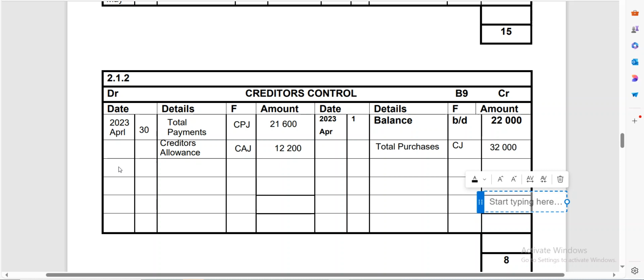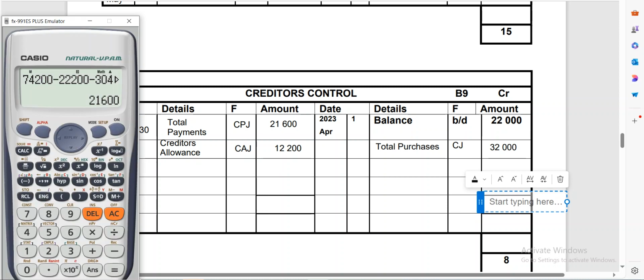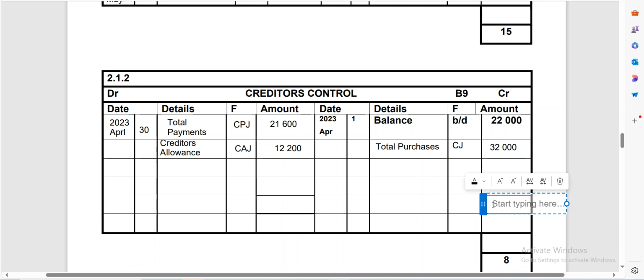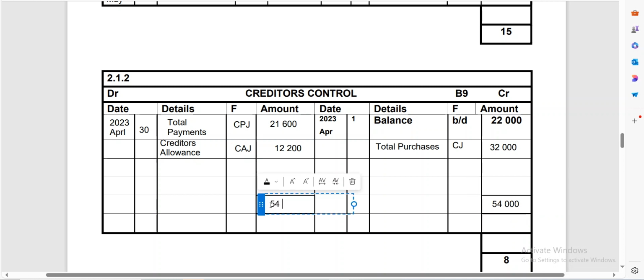As you can see, this side is not equal to this side, but we can just check. If you say 22,000 plus 32,000, it is giving us 54,000. So we have that 54,000 here, and then also that 54,000 here for the total.